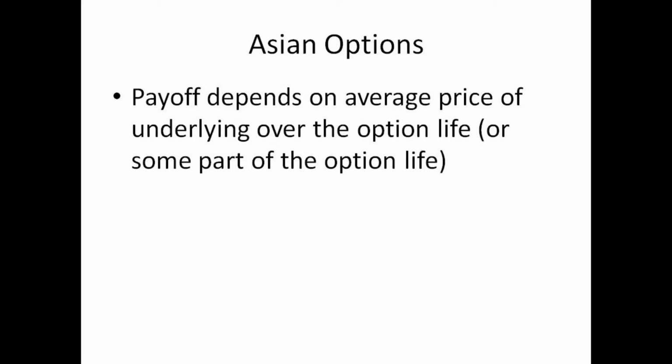The real advantage of Asian options is they reduce the potential for one price spike right at the expiration date to either make you a lot of money, lose you a lot of money, or make the option not pay off. Because of the volatility dampening effect of the averaging feature, usually these will be cheaper than American or European options.